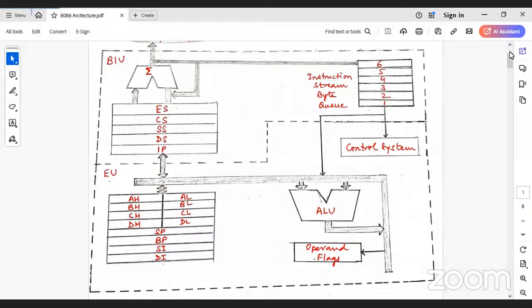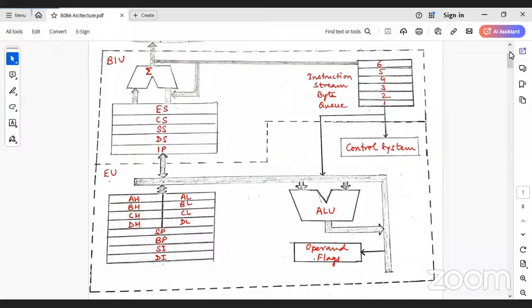Like you can see the EU unit in the figure, the execution unit in the figure. There you will see you are having registers AH, AL, BH, BL, CH, CL, DH, DL. So if you are using both the registers AH AL, it is denoted as AX. Similarly, if you are using both the registers for 16 bits, it is BX.